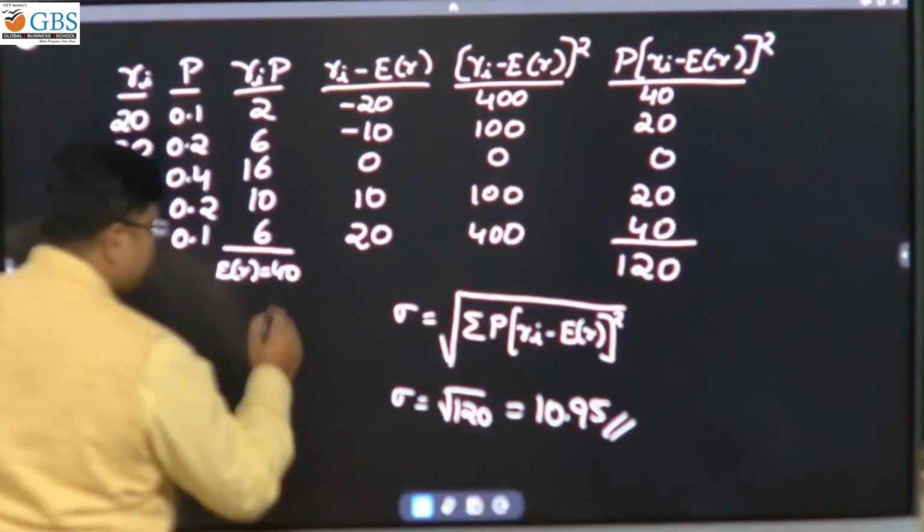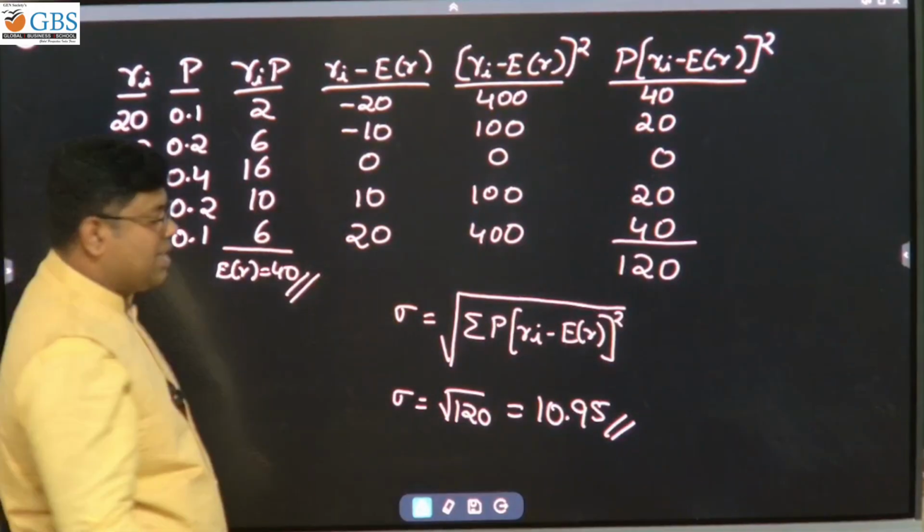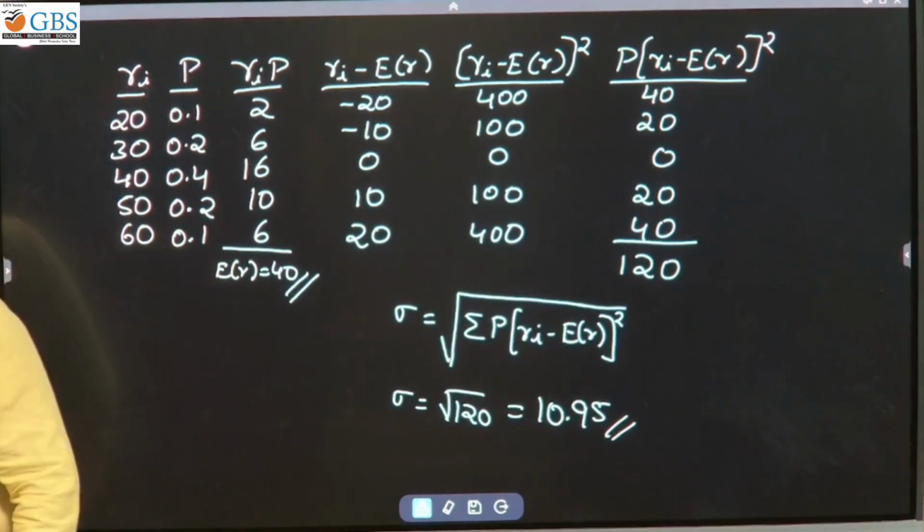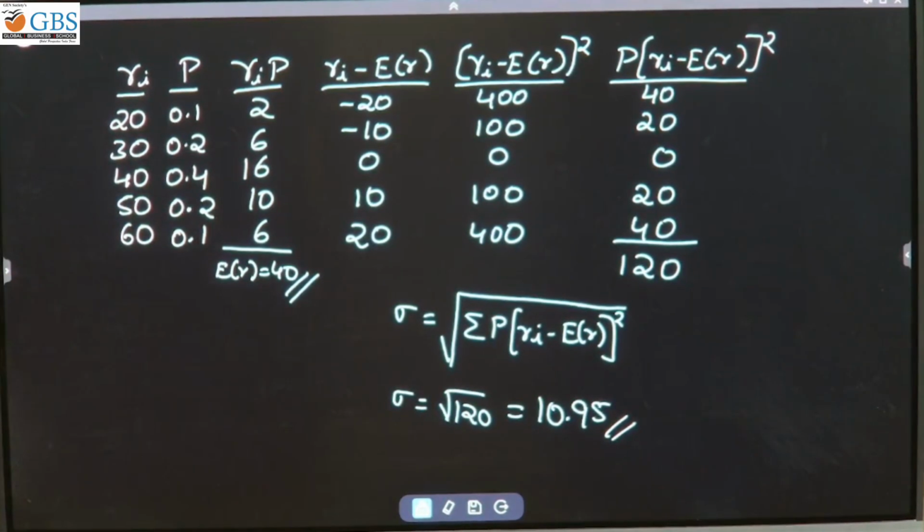That's it. These are the two answers. The first question was to find out the expected return. So what is the expected return? 40. Find out the standard deviation of the returns. What is standard deviation? Very, very simple. Any doubt? Shall I proceed with the next question?